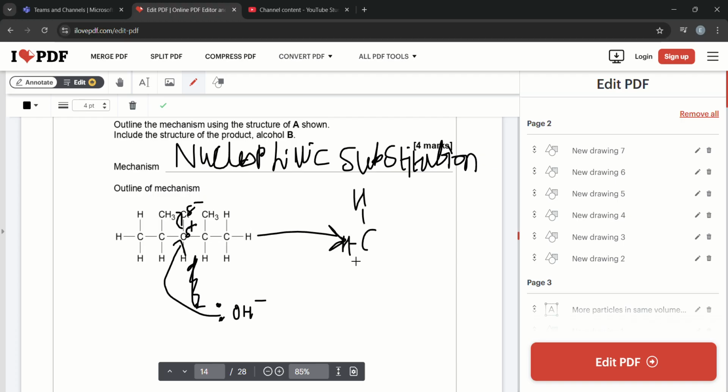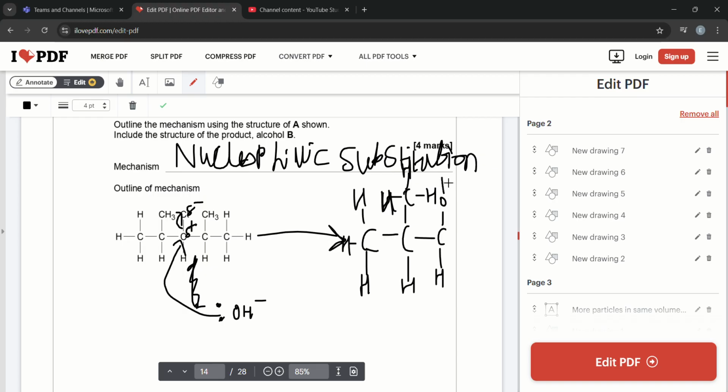So CH3, CH3, it wants a full structure. H, CH, and where that chlorine was, we've just replaced it with the OH. It's that simple.